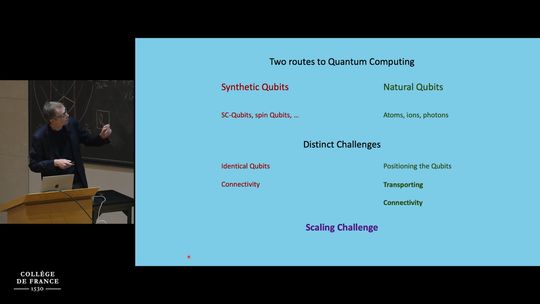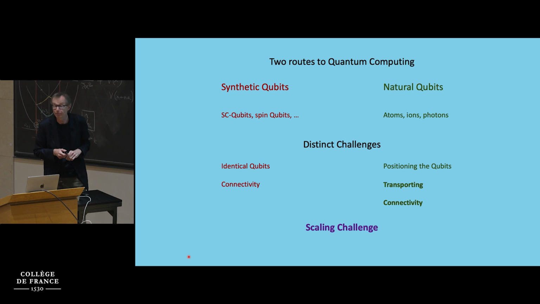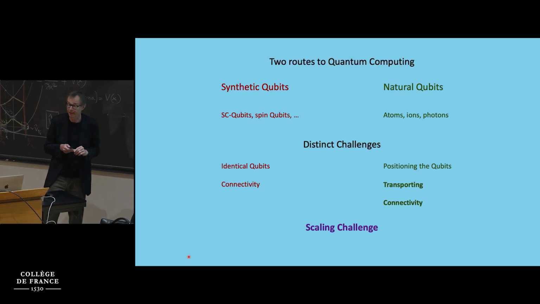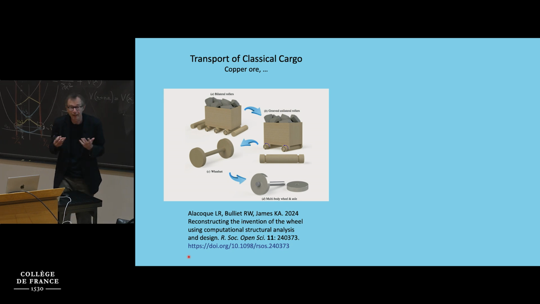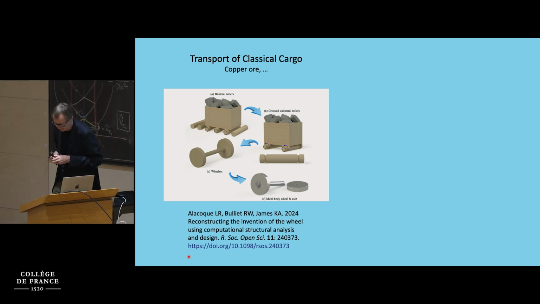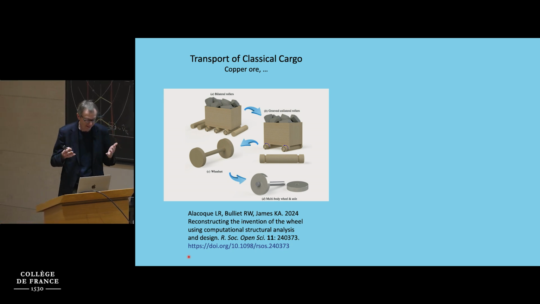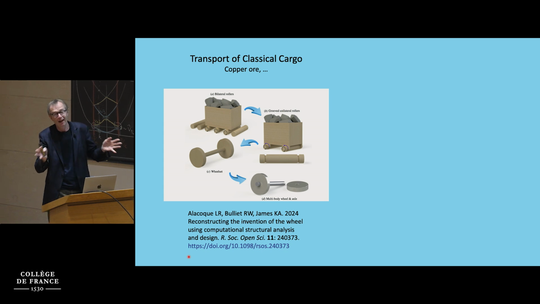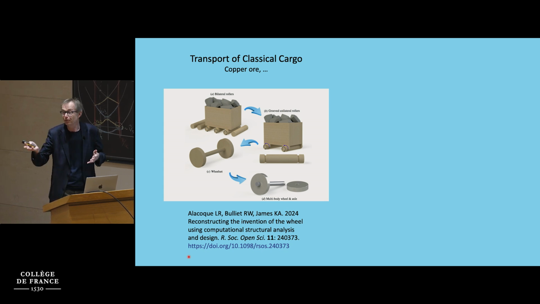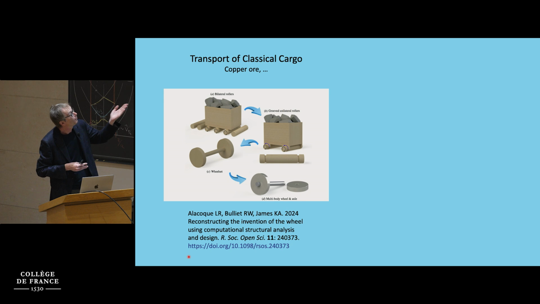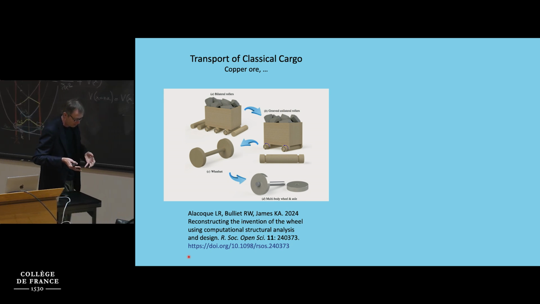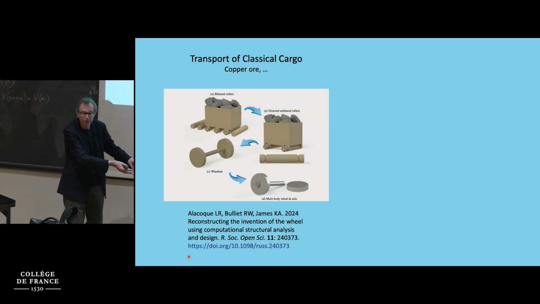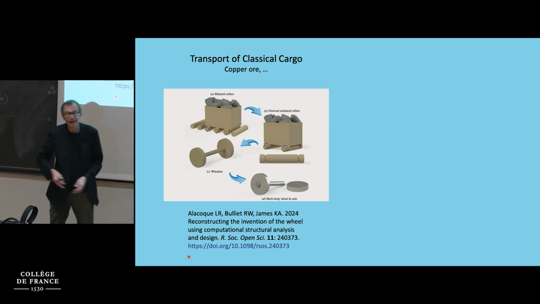In this talk, I want to address the transport, connectivity and scaling challenge. If you think about transport, and zoom out, then in the development of humanity, we were able to transport classical cargo not by just handing it over to the next person and so forth.